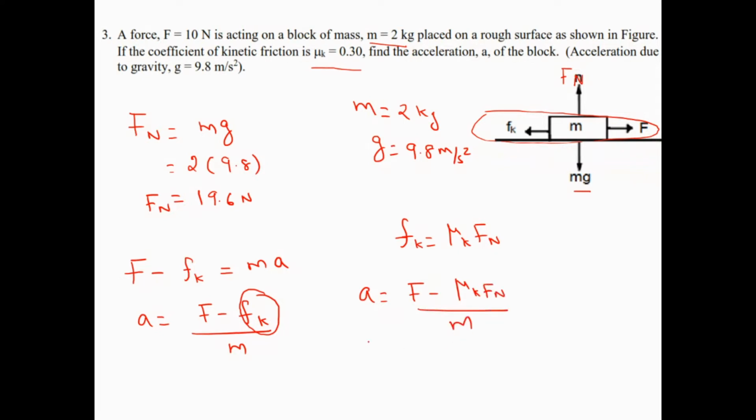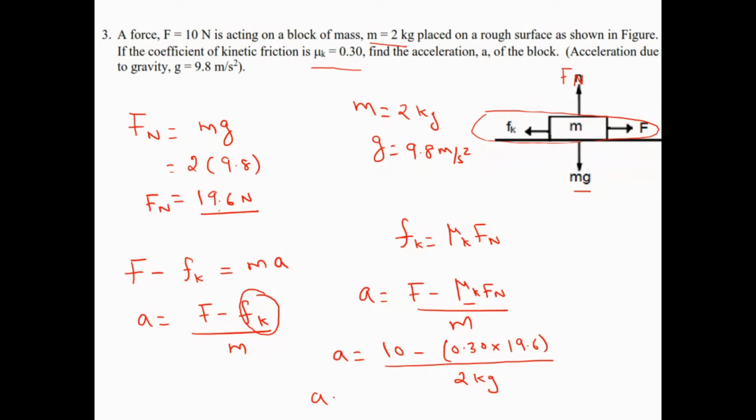Now I'm going to substitute the values. Therefore a is equal to the applied force of 10 Newton, minus the coefficient of kinetic friction 0.30 multiplied by the normal force 19.6, divided by the mass of the block, 2 kilogram.